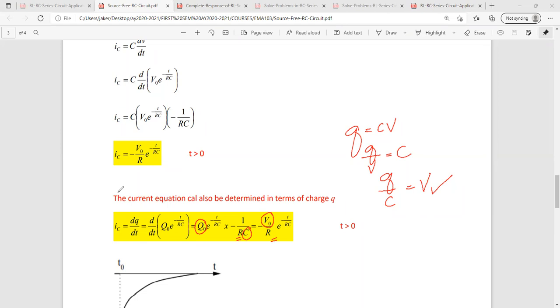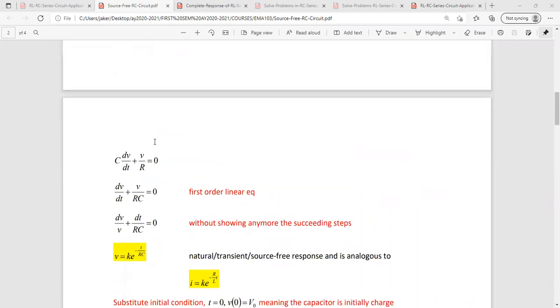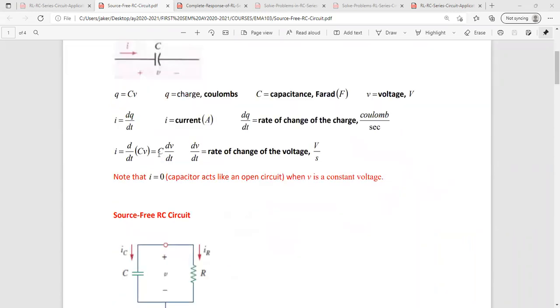Another way of doing it is, since we have two expressions for the current, we have two choices for formulas for the current in our RC circuit. You can use this one as well, wherein you have I, the current, equal to C dV/dt.